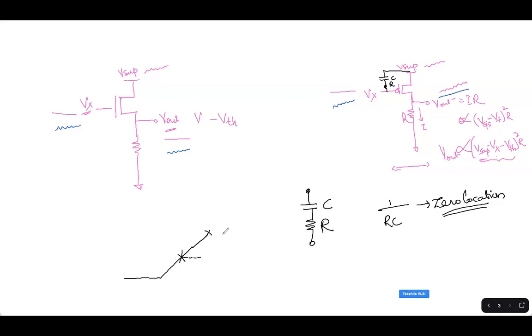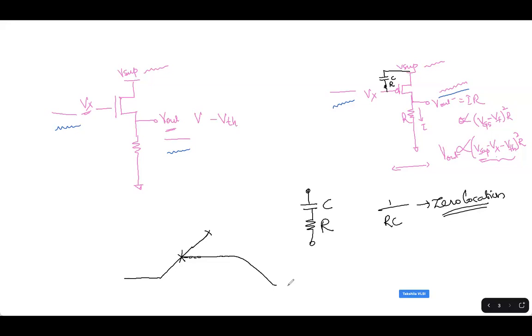Now, before UGB, you can insert an RC which will create a pole in the PSR plot, and hence it becomes a much better PSR like this. Is not the earlier PSR, where around UGB it was going very near to zero, meaning VSUP to Vout was almost coupling everything.